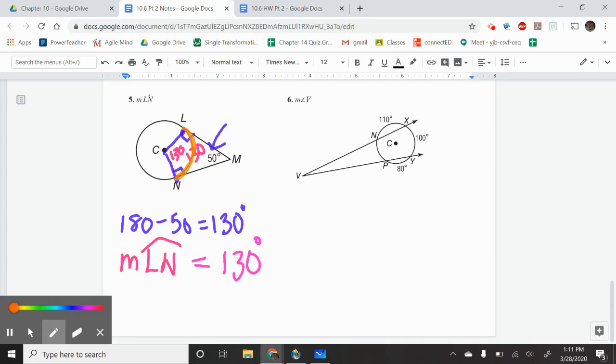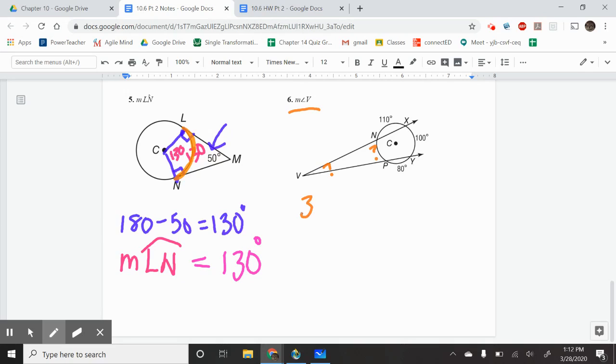So here I have a whole bunch of angle measures, a whole bunch of arc measures actually, and we're looking for the measure of angle V. That's this angle right here. All right, so I know that the big arc is 100, but I don't have the little arc. So how can I find that little arc? Well, as you can see, most of the degree measures in the circle have been filled in. So all I need to do is figure out what that angle is.